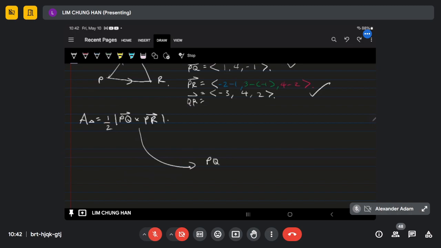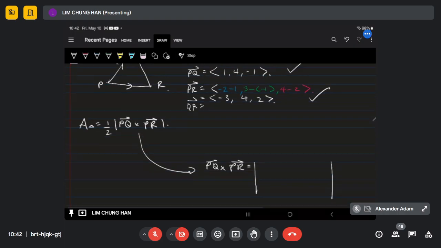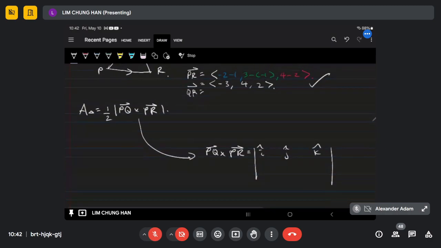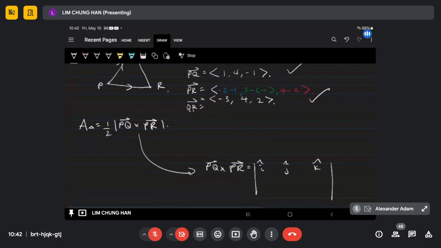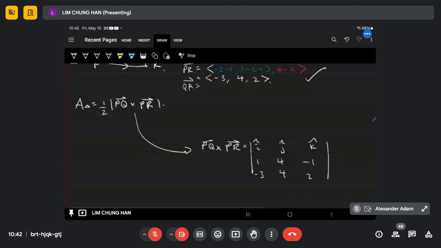Okay, PQ cross PR. So we assemble our matrix. The top is always i, j, k. Then you fill in your PQ and PR values. PQ is 1, 4, -1 and PR is -3, 4, 2.